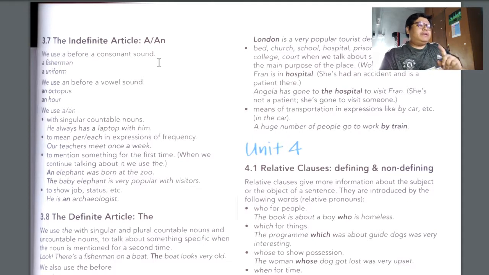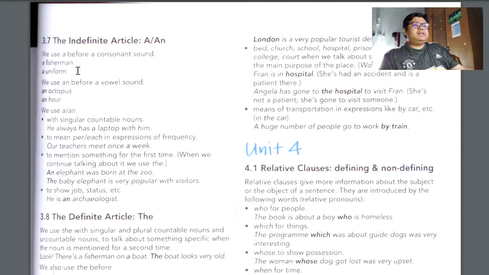Consonant sound. Let me remind you, a word can be spelled with a consonant letter, which is other than A, E, I, O, U, which are vowel letters. So consonant ni yang lain tu lah, D, G, H. Itu adalah semua huruf-huruf konsonan. So kita tengok contoh dia dekat sini. A fisherman.